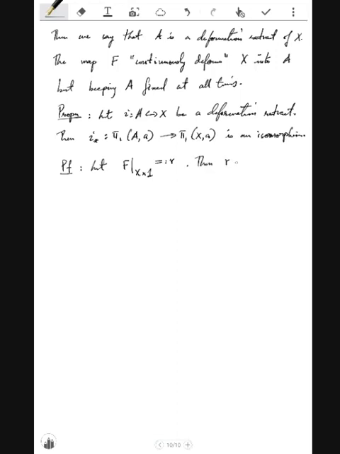Then r is a map from X to A and r compose i is equal to identity of A. So this implies, from what we saw earlier, that i lower star is an inclusion. So let us show that i lower star is a surjection.